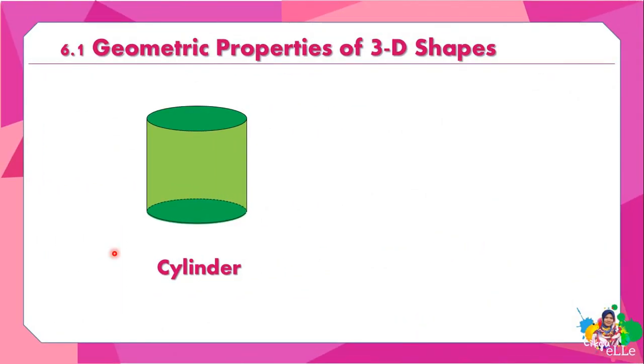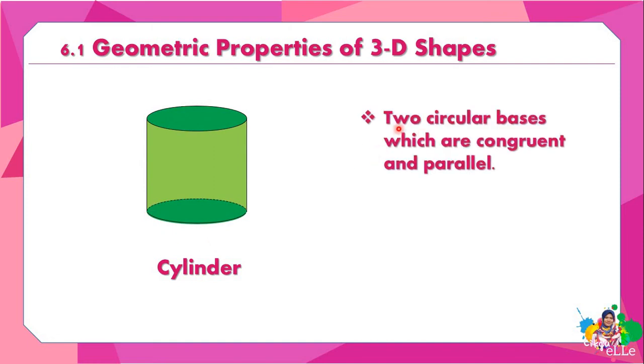Alright, now cylinder. Okay, this one is a cylinder. What is the geometric properties of a cylinder? Cylinder has 2 circular bases which are congruent and parallel. Okay, look at the bottom base and the top base.